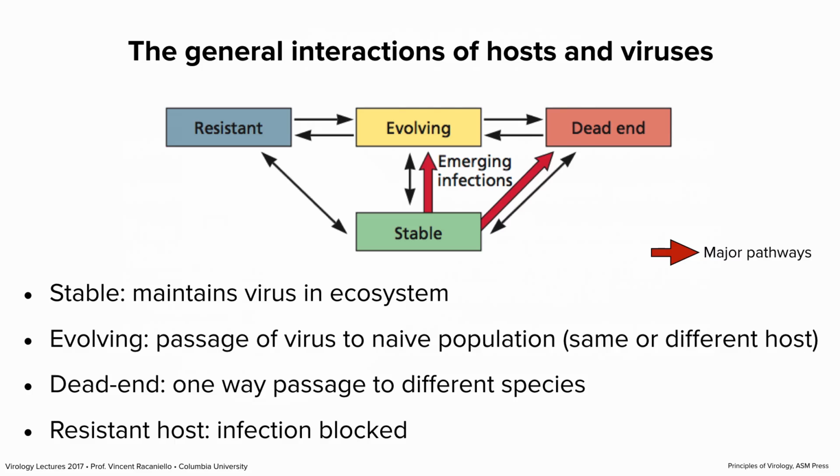And finally, resistant host, replication is blocked. So we probably take up viruses all the time. For example, you go to the supermarket and you buy cabbage or coleslaw. Depending on what time of year, it is covered with insect viruses. People have studied this. Thousands and thousands of viruses per gram of coleslaw or cabbage.